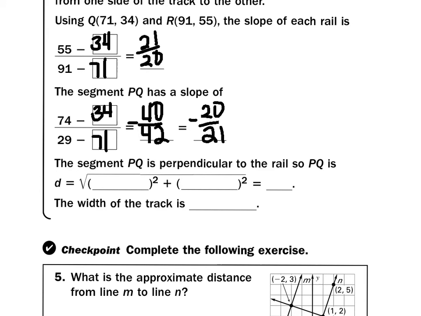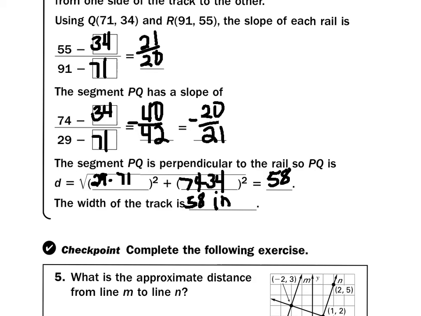So let's take the difference between the x's. So 29 minus 71 squared, and then 74 minus 34 squared. Okay. If you put that in your calculators, you would get 58. So the width of the track is 58 inches.